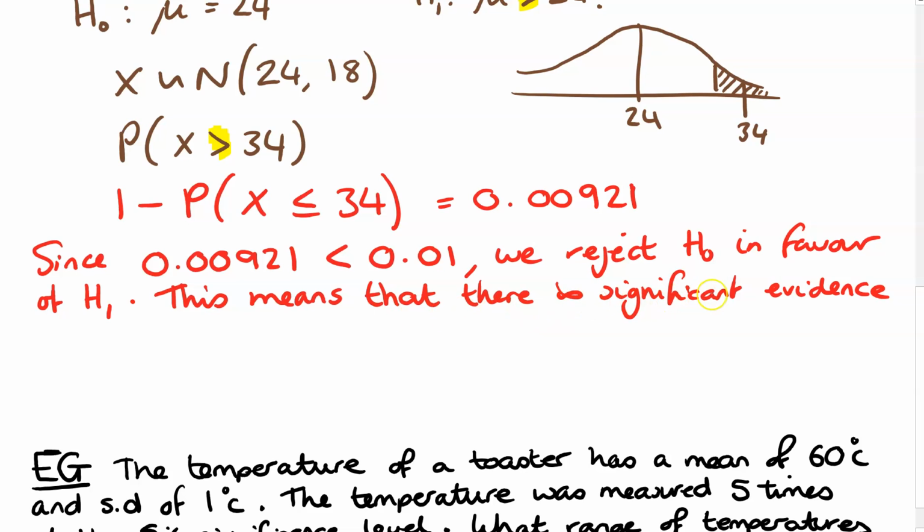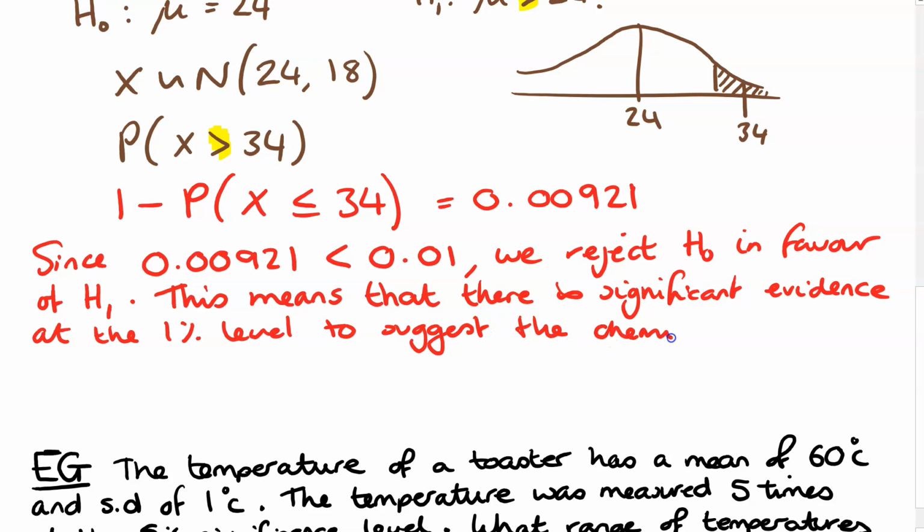This means that there is significant evidence at the 1% level to suggest the chemical level has increased. If you do not mention that word chemical, or even chemical in water would be probably better, you will lose marks. Don't forget your context.